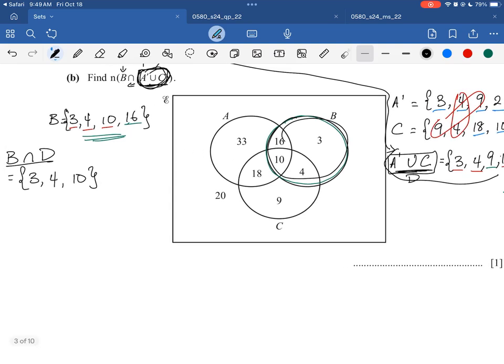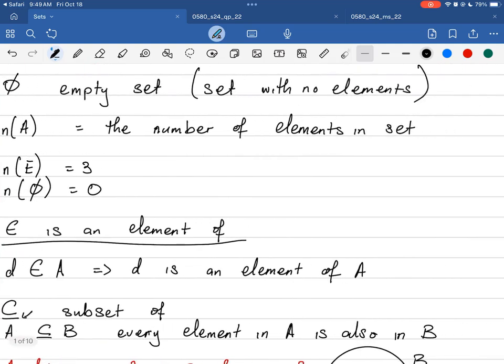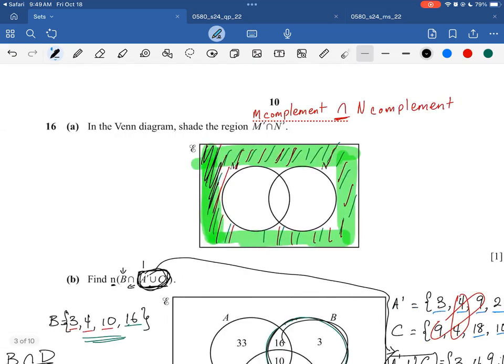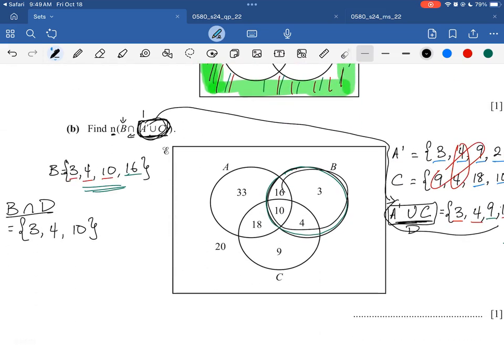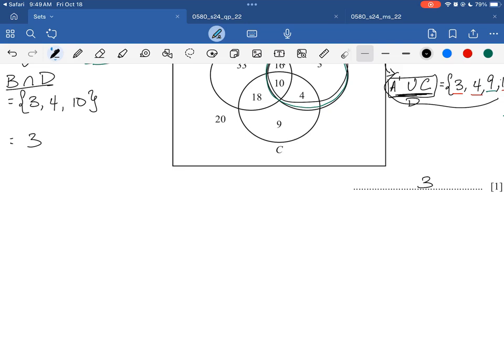Now remember I said that when you have n in front of a set, it means the number of elements in that set. So the number of elements in this set that you found is 3, which means your answer is 3. Now there's a little contradiction, right?